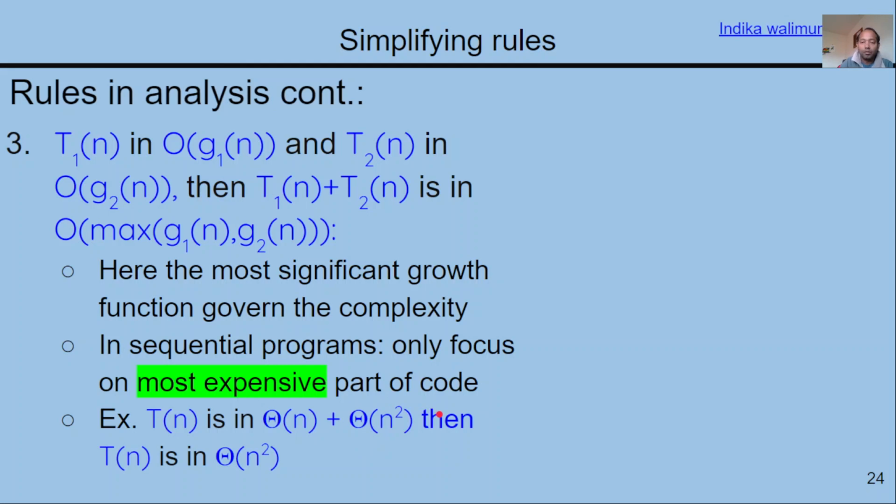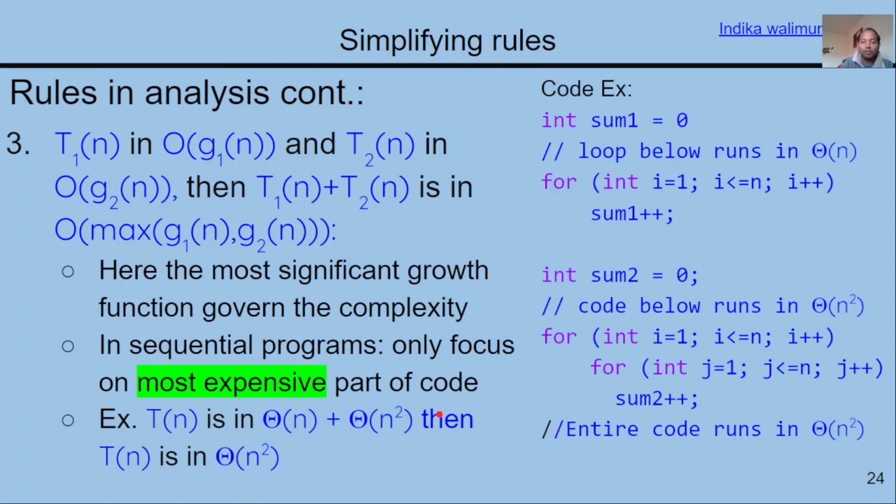Okay. So there's a code example. The book has the same thing there. Okay. So we have this single for loop. So this is big theta of n. Okay. So it grows linearly, right? Because it's a single for loop. And we have a double for loop over here. It's a nested for loop, one inside the other, and both run up to n.